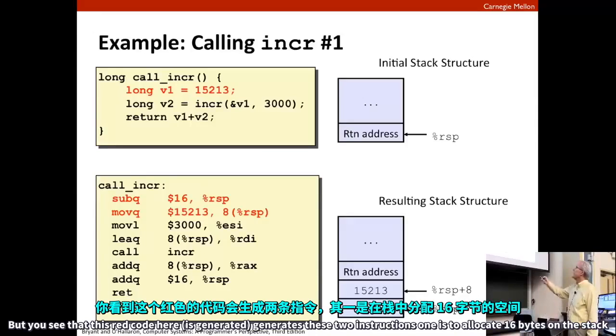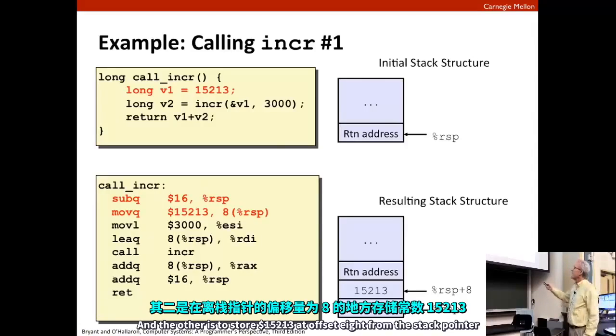So the function call_incr, and we'll go through all the different parts of it, but you see that this red code here generates these two instructions. One is to allocate 16 bytes on the stack, and the other is to store 15213 at offset 8 from the stack pointer.